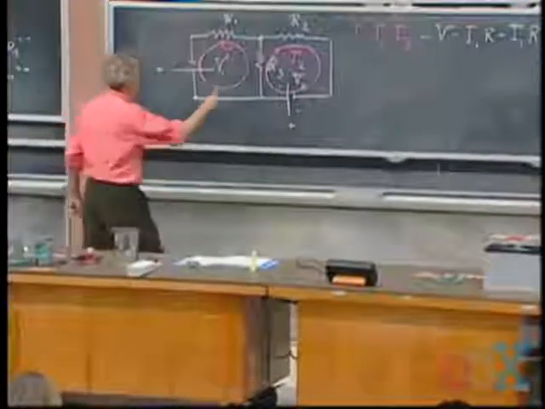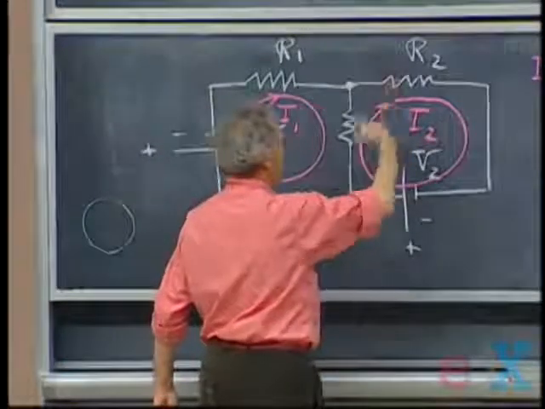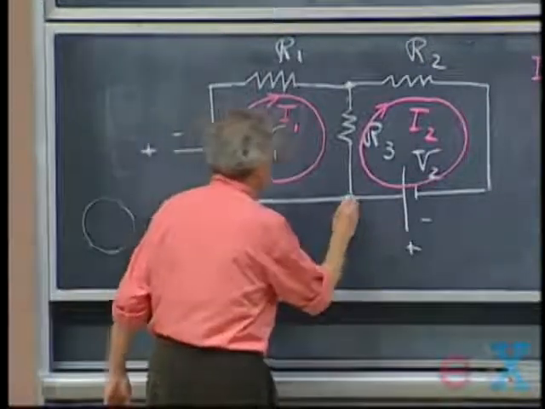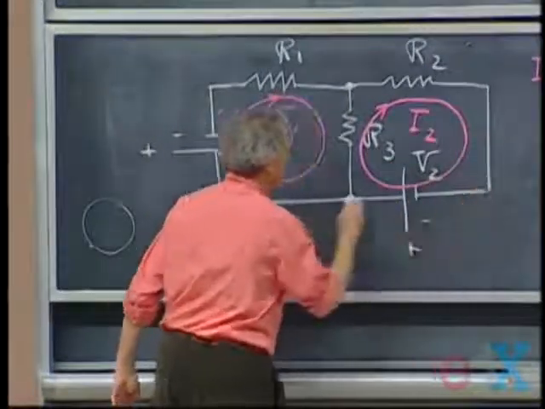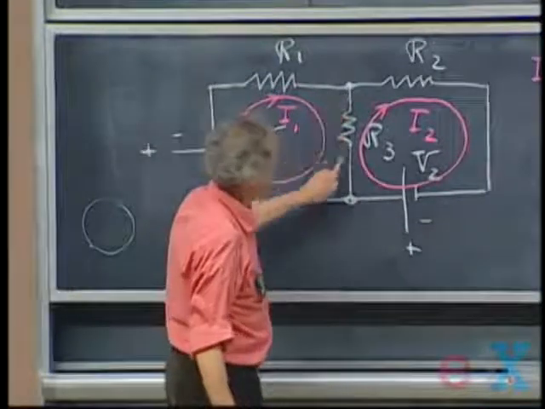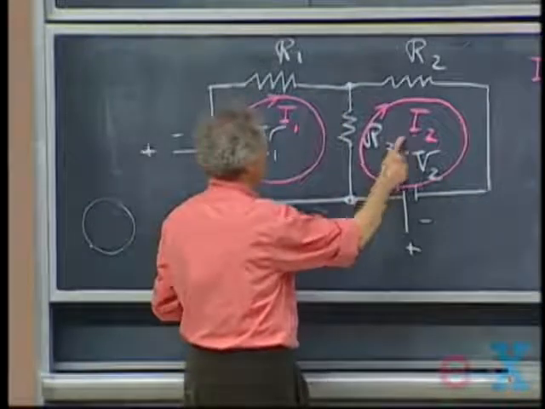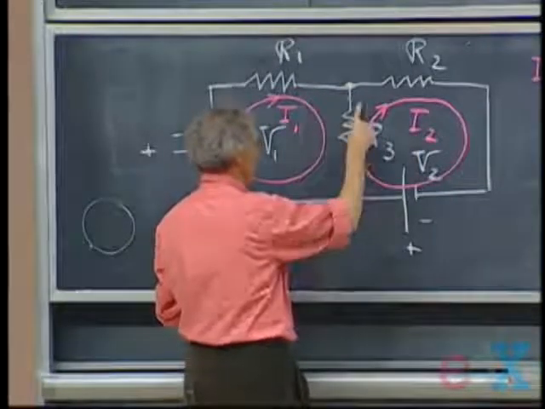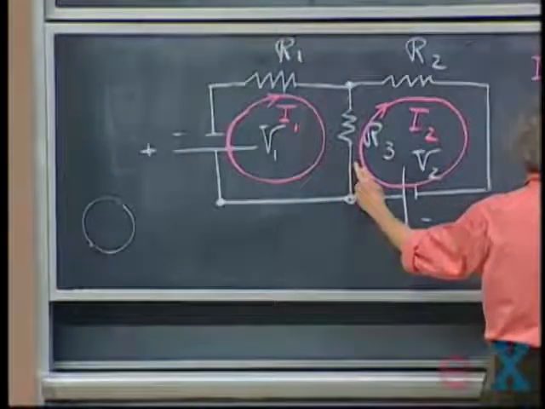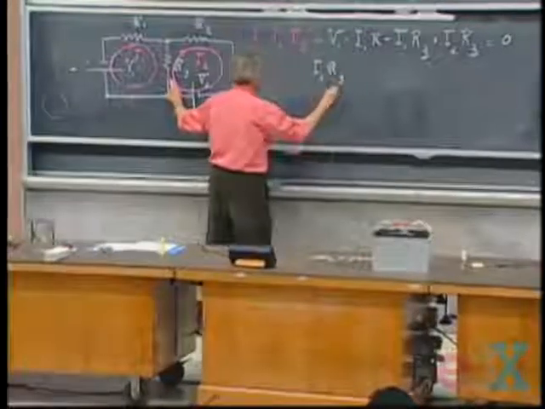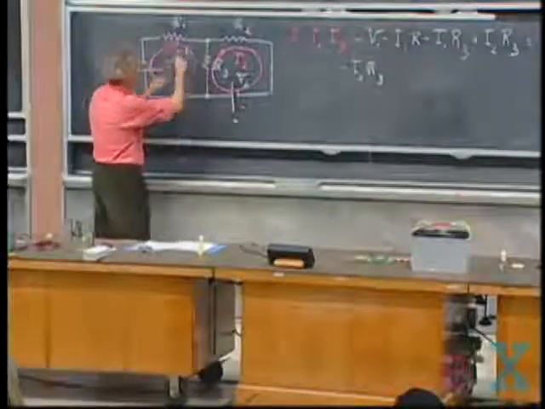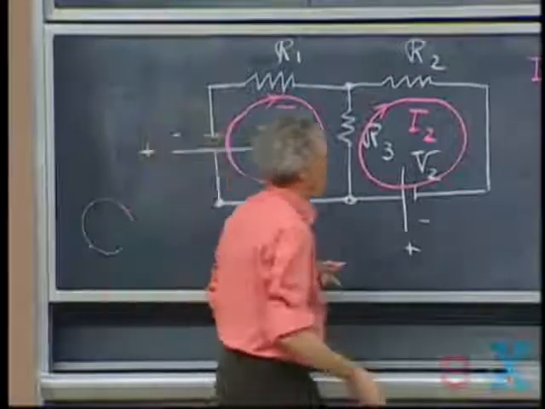So now, let's go around this one. We can go clockwise, we can go counterclockwise, makes no difference. Let's start here, and I go in this direction once around. So now, I go through R3, and this current I2 is running in this direction, so I go down in potential. So I get minus I2 times R3. But current I1 is coming towards me. If I go in this direction, I1 is coming towards me, so I climb up the potential hill.